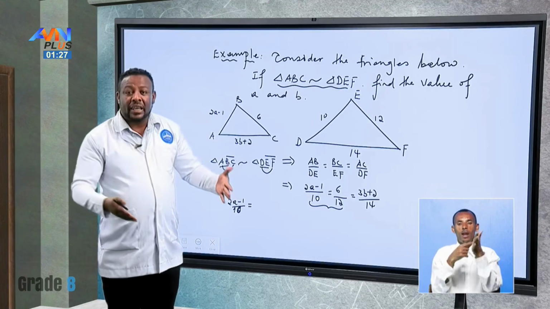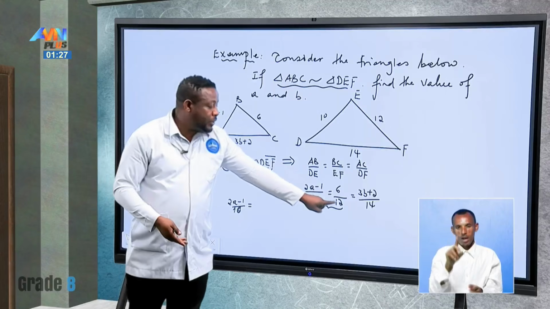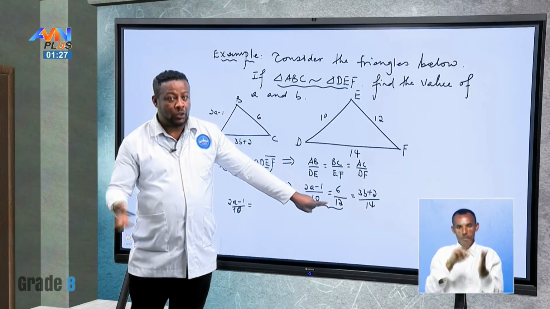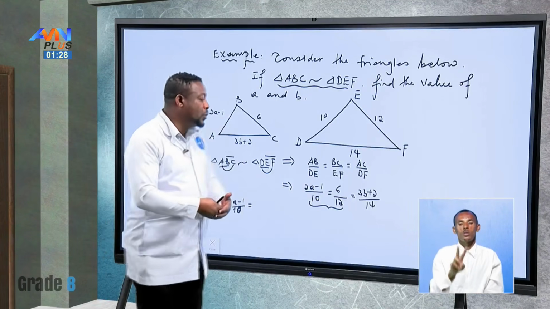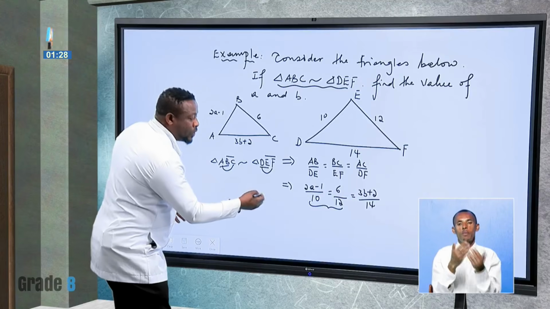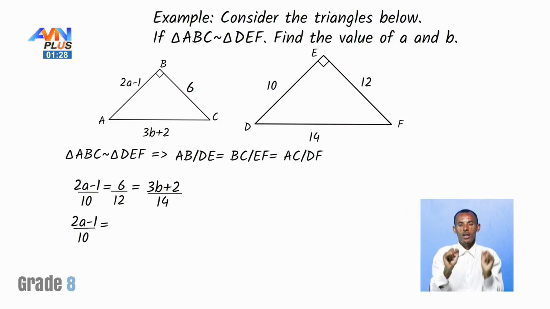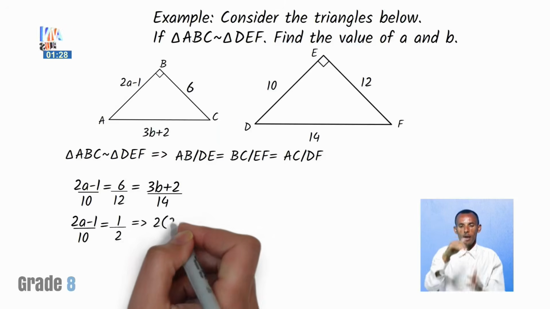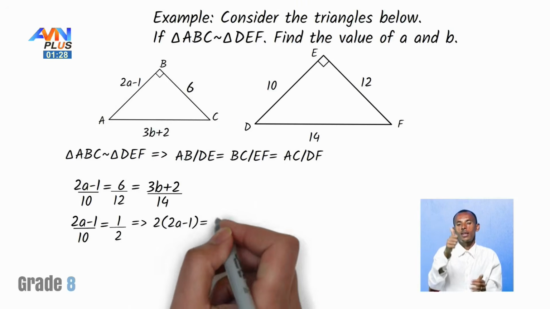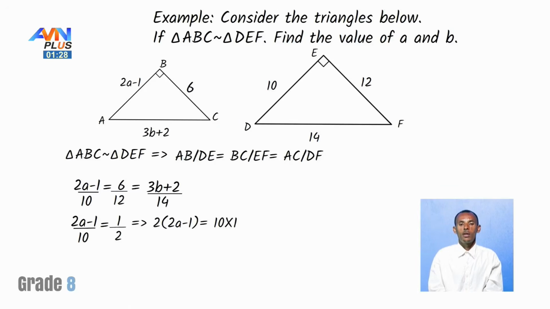Clearly 6 is 6 times 1, you can make 12 as 6 times 2. So that way you can simplify 6/12 as 1/2. Okay, then use crisscross. This becomes 2 times (2A − 1) is equal to 10 times 1, which is 10.